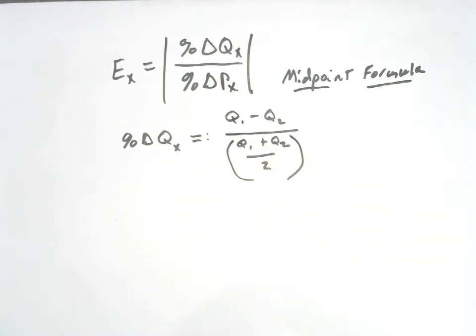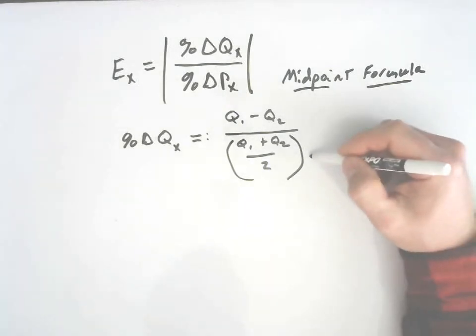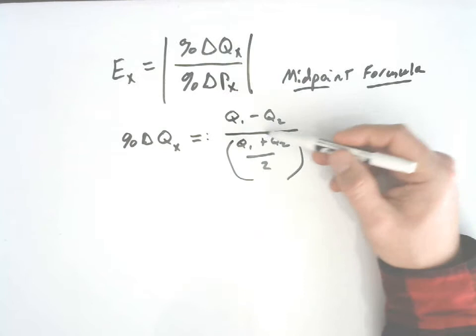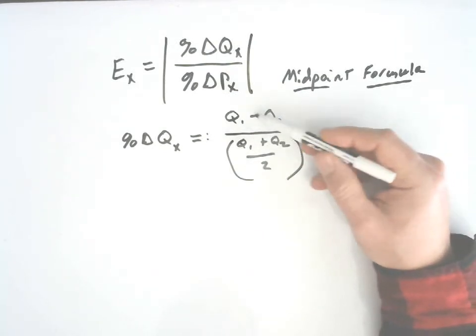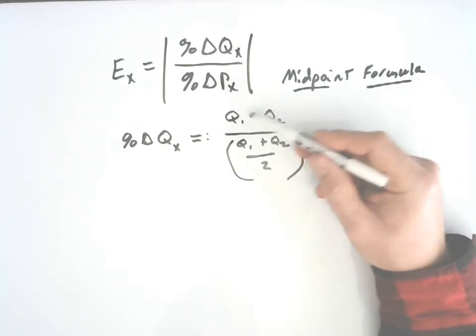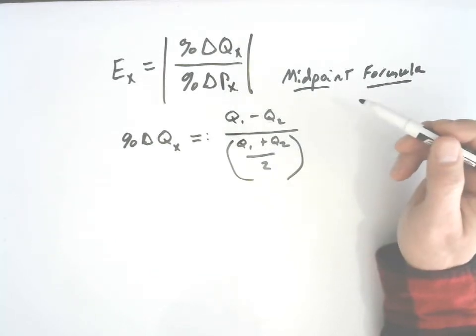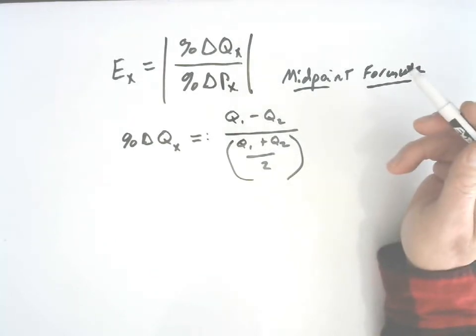This concept gets its name, midpoint formula, because the denominator is at the midpoint, or the average, between Q1 and Q2.